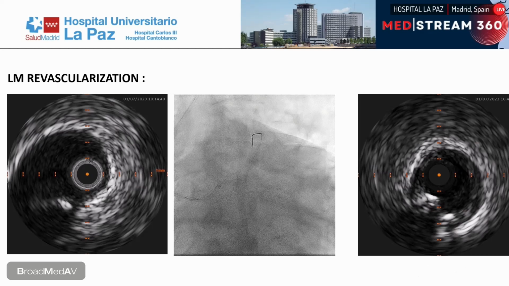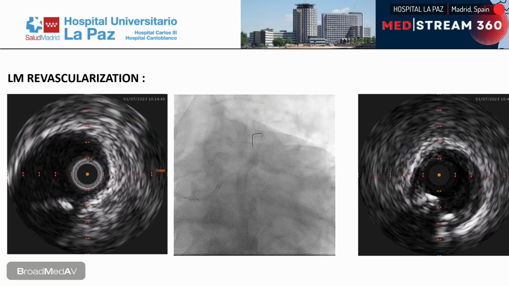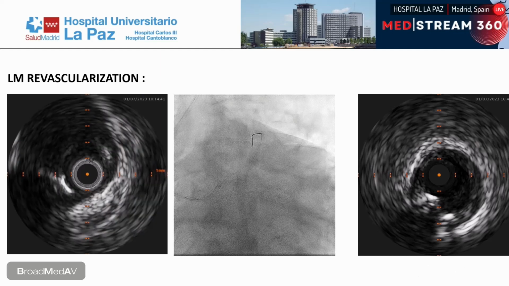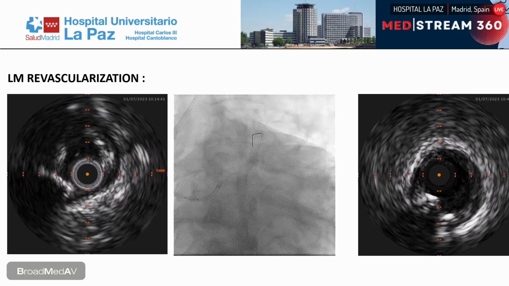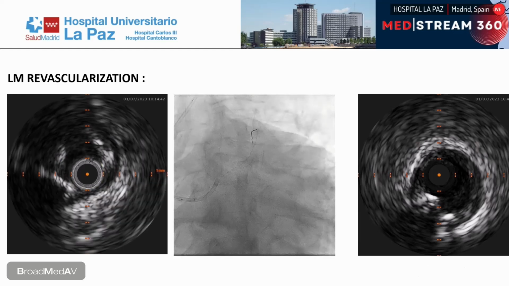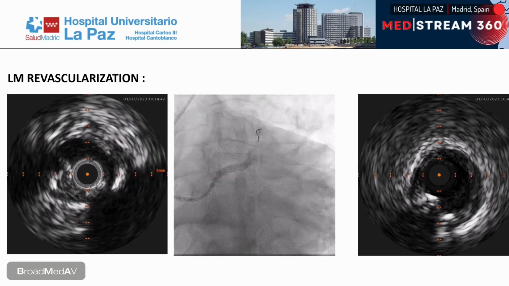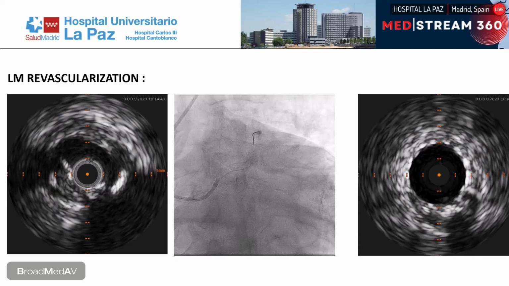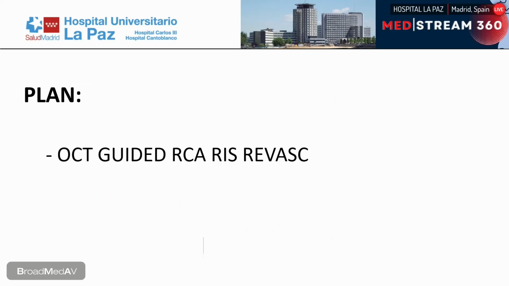During the initial procedure, guided by IVUS, revascularization of the left main was performed by implanting a 4.5 millimeters diameter stent, which showed a favorable result according to IVUS with a minimum stent area of 10 millimeters. In today's procedure, we will evaluate the intrastent restenosis using optical coherence tomography, OCT, and decide on the course of action based on the results obtained.